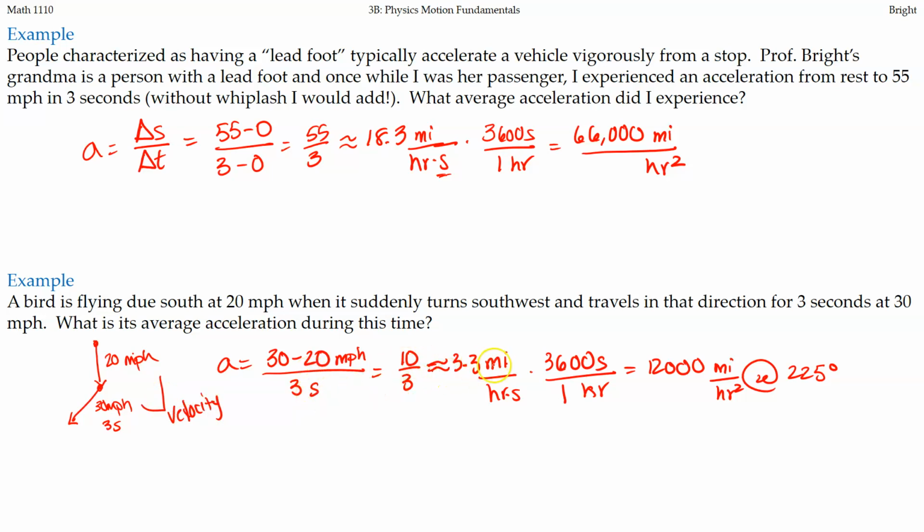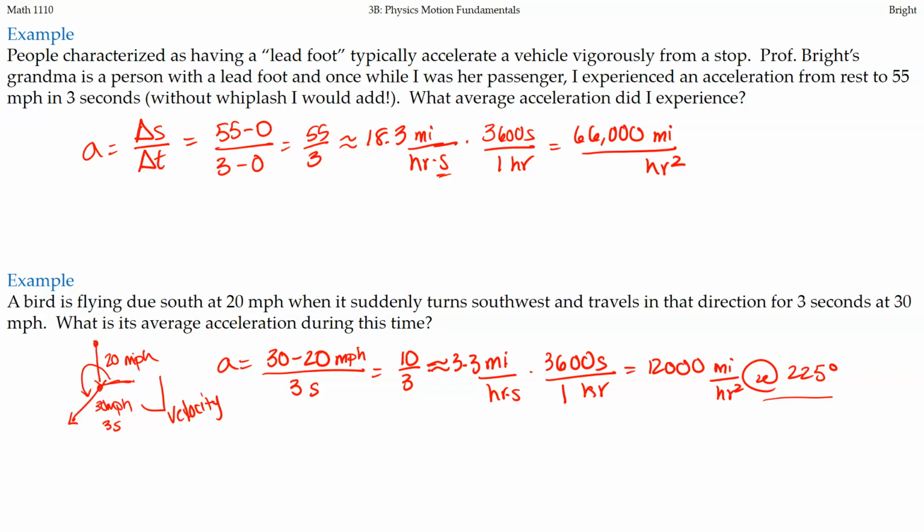So we do the math and get 3.3 miles per hour seconds. Seconds is awkward with hours, so convert one of them. I chose to convert seconds to hours, and I got 12,000 miles per hour squared. Then I also have to specify a direction. If you imagine this is the 0 mark and you go all the way around, that would be 225 degrees, or thereabouts.